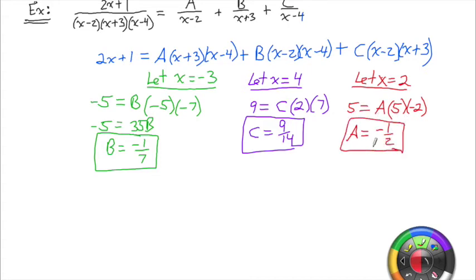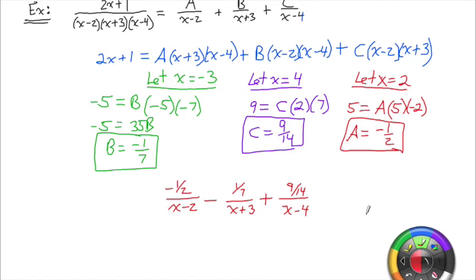So the partial fraction decomposition of this, weirdly written, would be -1/2 over x minus 2. b is negative, -1/7 over x plus 3. And then c is positive, so plus 9/14 over x minus 4.